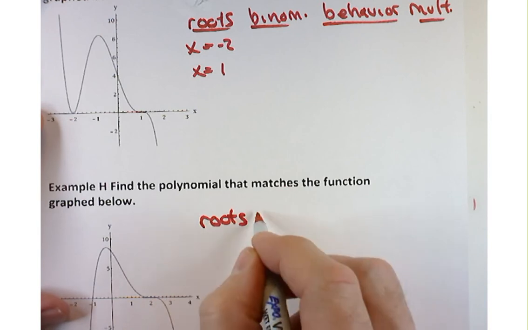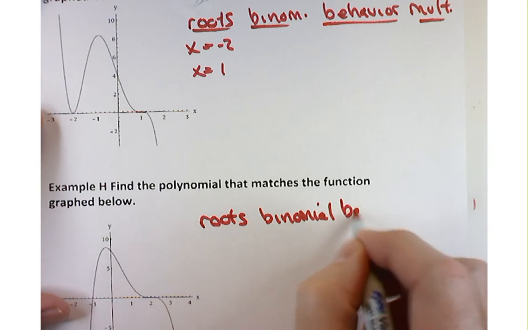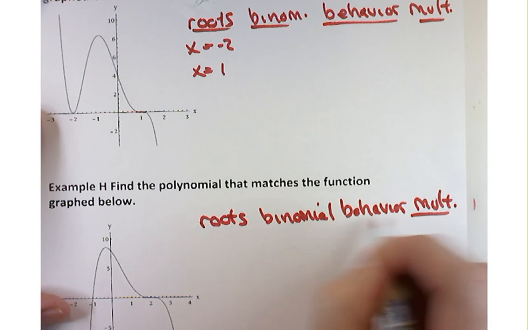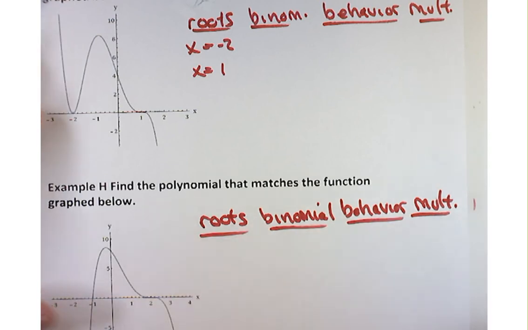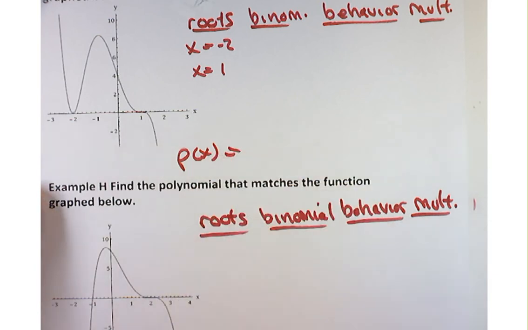Roots, binomial, behavior, and multiplicity. That should eventually lead you to P of x. What is P of x for each of these?